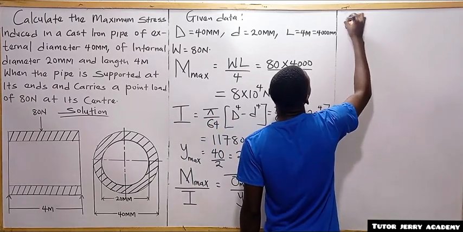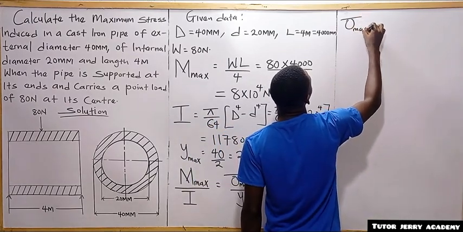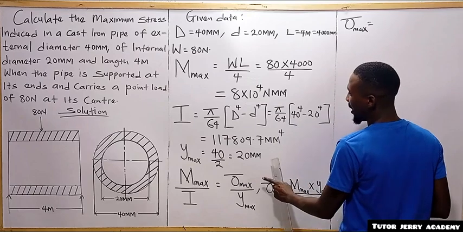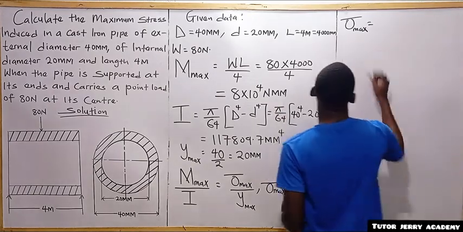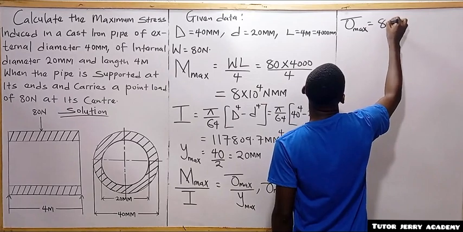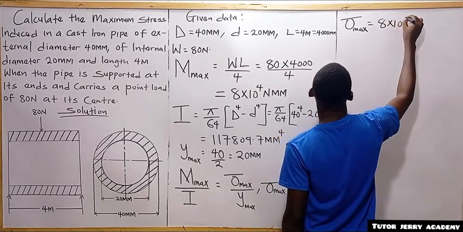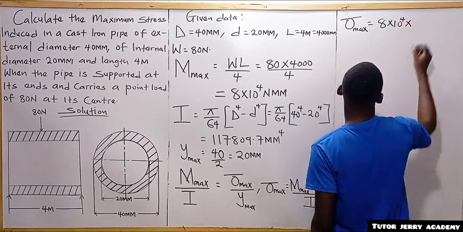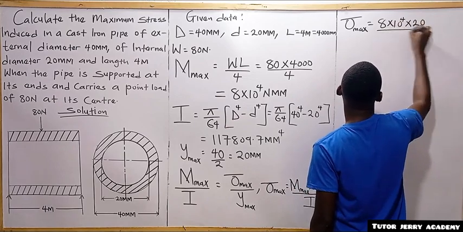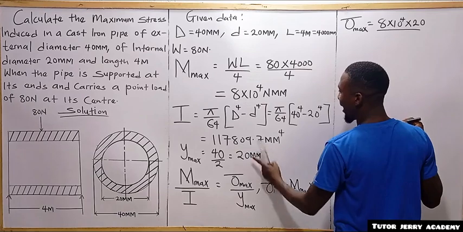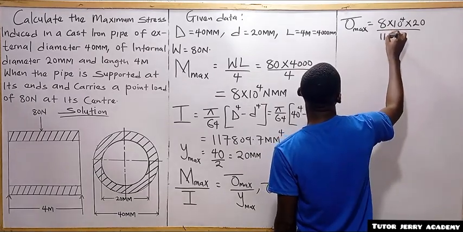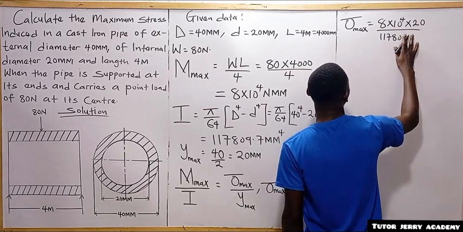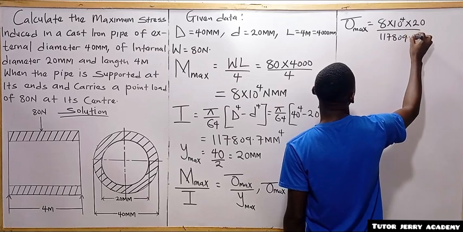All right. So we are going to substitute for this. What is our maximum bending moment? Our maximum bending moment is 8 times 10 to the power of 4, then multiplied by our y max, which is 20, then all over I. Our I is 117,809.7.